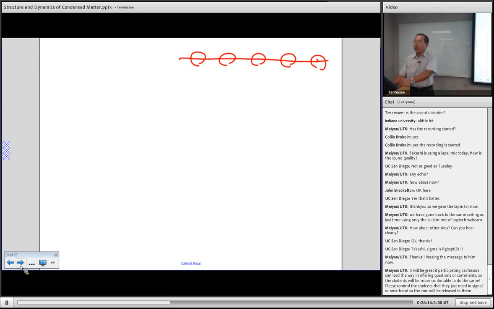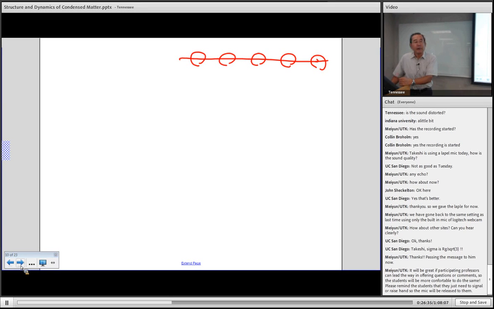But in classical physics, the atoms are not moving. But in quantum physics, atoms are never static, or even in the classical case, if you increase temperature, the atom would vibrate. Right?